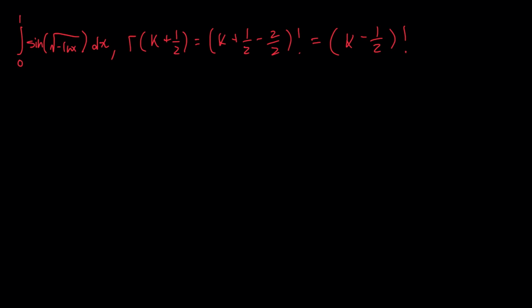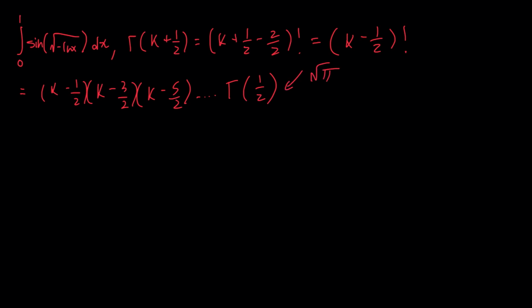So if we expand this, we're going to have k minus a half times k minus 3 halves times k minus 5 halves all the way to gamma of 1 half. But we know that this is the square root of pi.